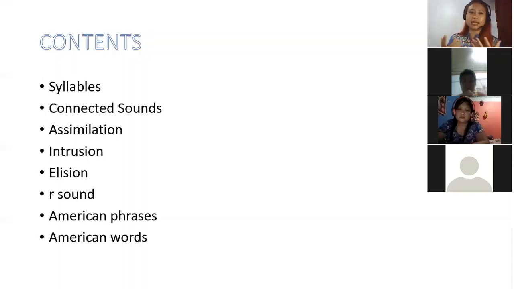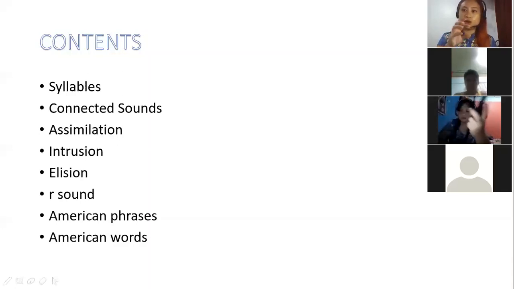We cannot just say that you have an English accent because there's no such thing as an English accent. There are so many variations of the English language. We have syllables, connected sounds, assimilation, intrusion, elision, the R sound, American phrases, and American words. These are all essential in having that American accent.